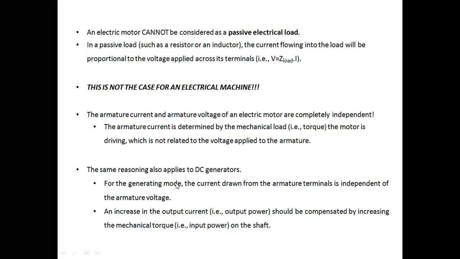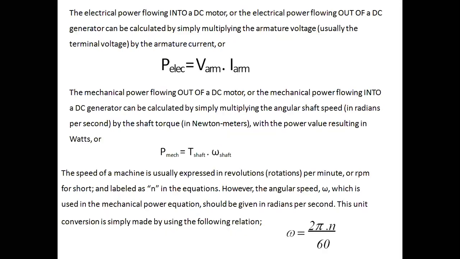For generating mode, current drawn from the armature terminal will also be independent, and the increase in output current will only be compensated by increasing mechanical torque. So here we can use any electrical load at the output of DC machines. मतलब DC motor और DC generator के वहाँ हम can use any type of load.